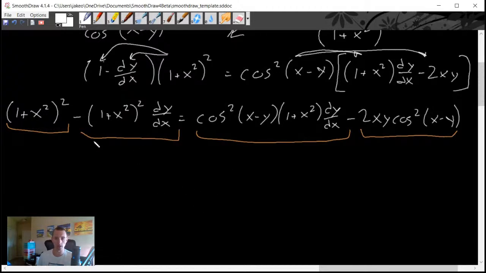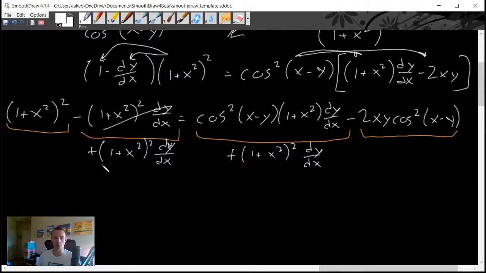So I'm going to go ahead and add this term right here to both sides of our equation, to move all of our dy dx terms over to the right side of our equation. So that will cancel there.